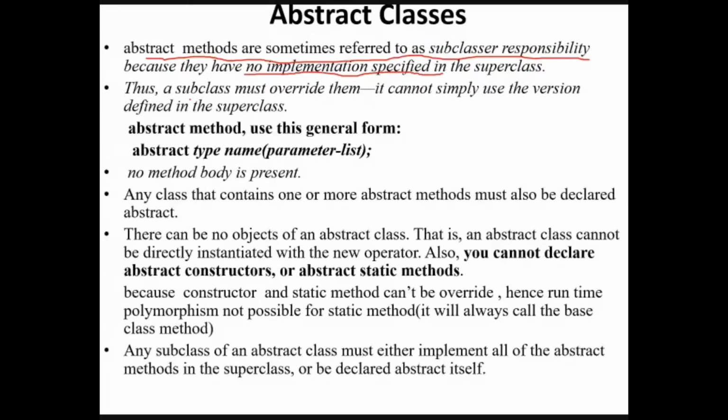In the base class, if any class contains a pure virtual function, I cannot create an object. This one you are already familiar with in C++. The class is considered an abstract class.